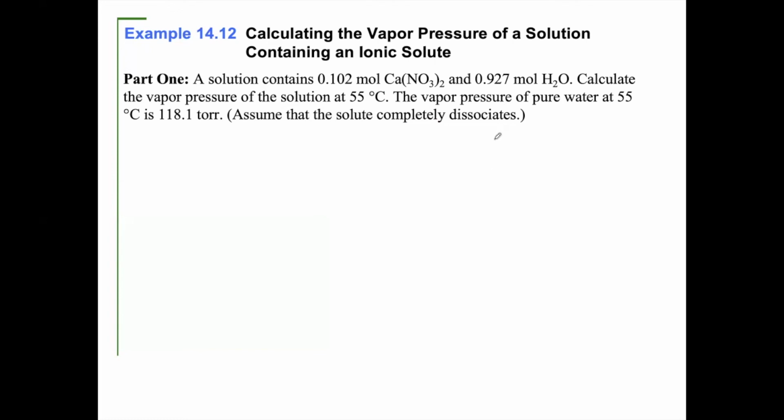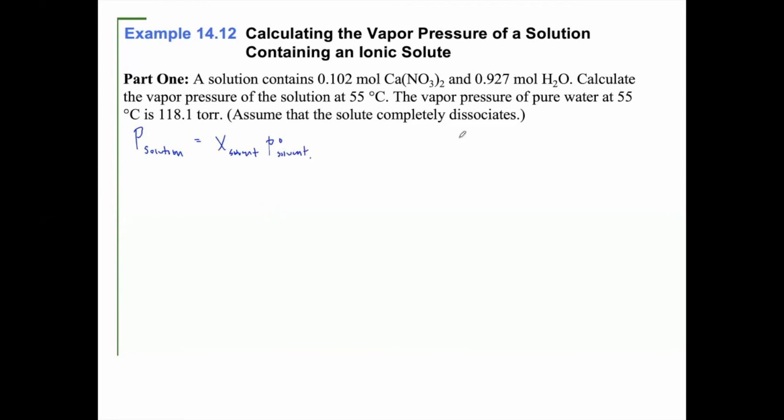So this is going back to the beginning of this problem set where we're talking about the pressure over a solution and how that's different from the pressure of the pure solvent. So remember Raoult's law. The pressure of the solution is the mole fraction of the solvent times the pressure of the pure solvent.